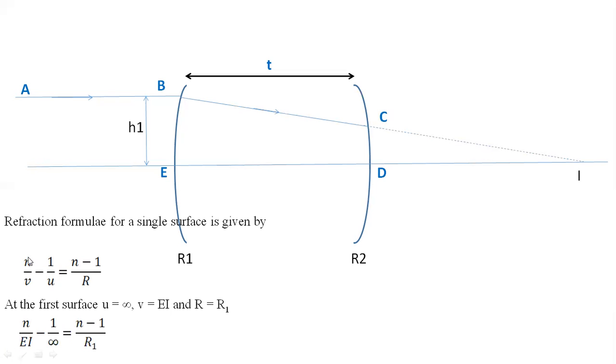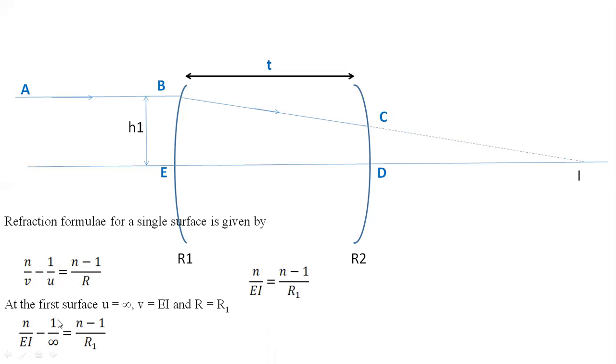Now the equation becomes n divided by v, which is EI here, minus 1 by u, which is infinity, equals n minus 1 divided by R1. Therefore, the equation becomes n by EI minus 1 by infinity is equal to n minus 1 divided by R1.